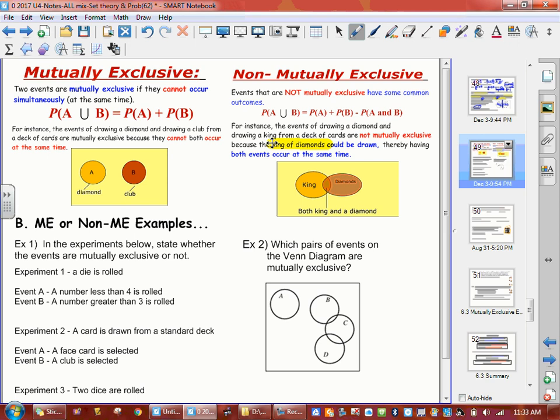Yes. So that means there's an overlap, okay, if they can occur at the same time. What occurring at the same time means, specifically for cards, is they're on the same card, okay? There is a king of hearts or king of diamonds. So occurring at the same time, that is the overlap we're talking about right here.